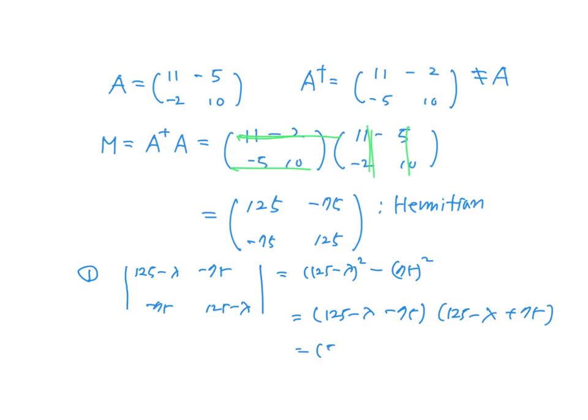So that is 50 minus lambda, 200 minus lambda. So lambda 1 is 50, lambda 2 is 200. Step 2.